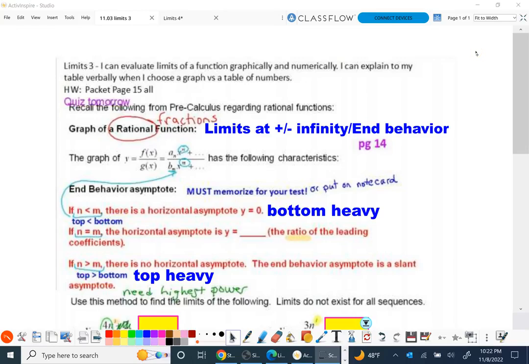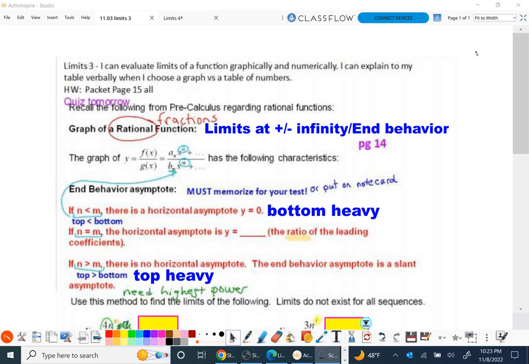The part of the lesson that we didn't finish on Thursday because it wasn't on Friday's quiz was limits 3, talking about limits of rational functions, otherwise known as limits at positive or negative infinity, also sometimes called end behavior limits.